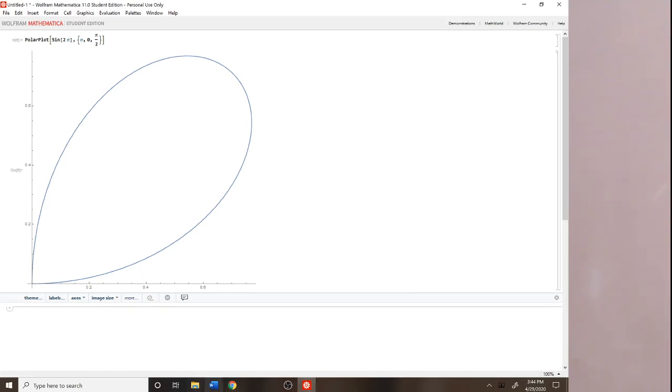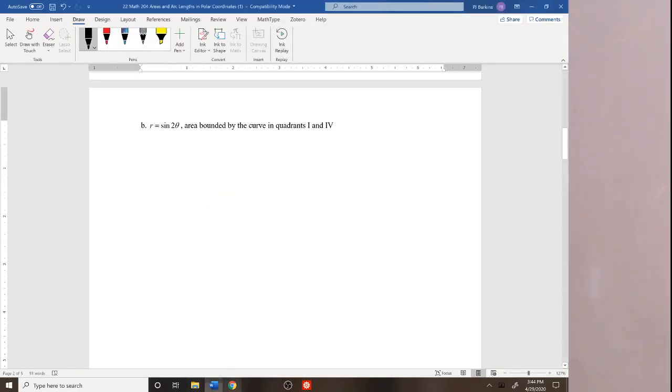So 0 to 2 pi are the bounds. So again, we need area equals, now it's 1/2 integral, and in this case from 0 to pi over 2, and the function is sine 2 theta, quantity squared.